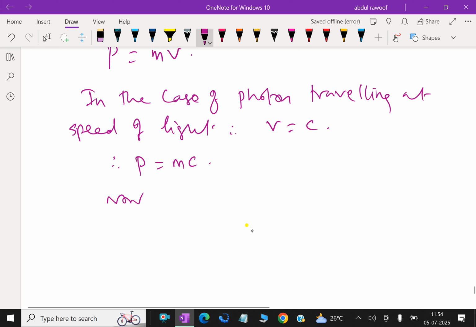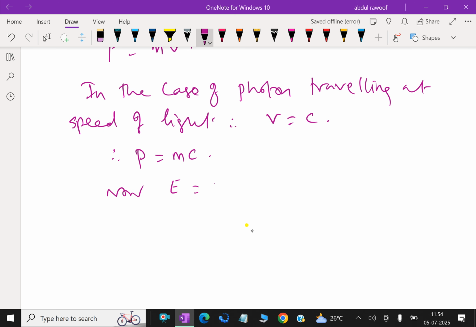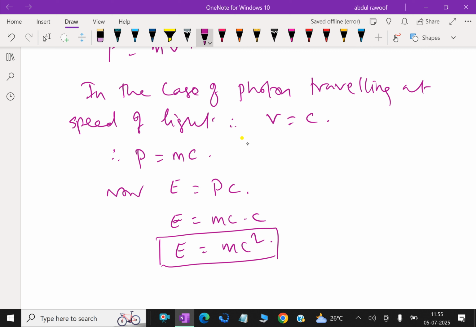Now we already have the relation E equal to pc. Therefore E equals, with p being mc, mc into c. Therefore E equals mc squared. So we proved it simply, but it is a thought experiment, and most scientists have verified it.